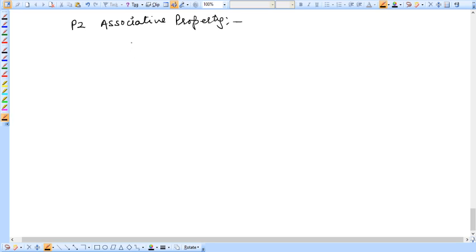In this property we are going to show that A star B star C is equal to A star B star C. Okay, let us check one by one, are they equal or not. Let us simplify them one by one.